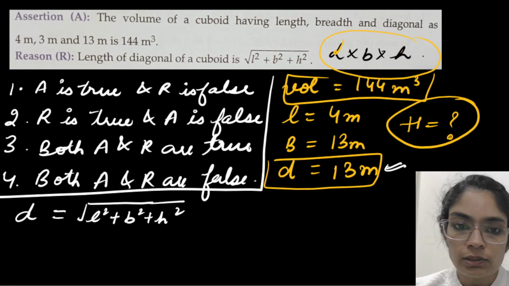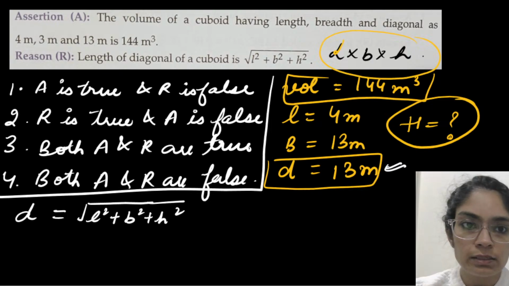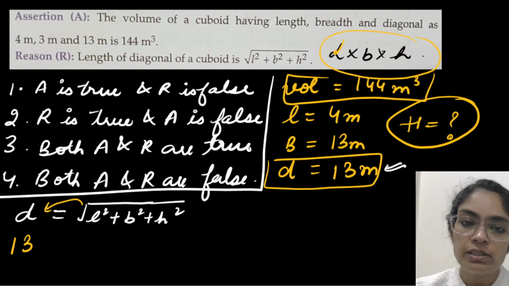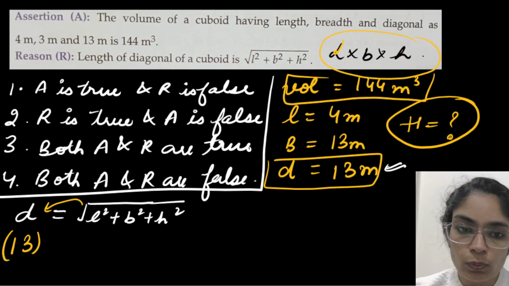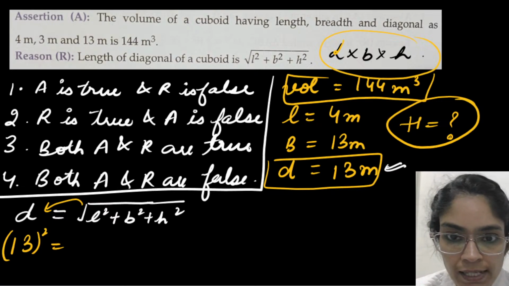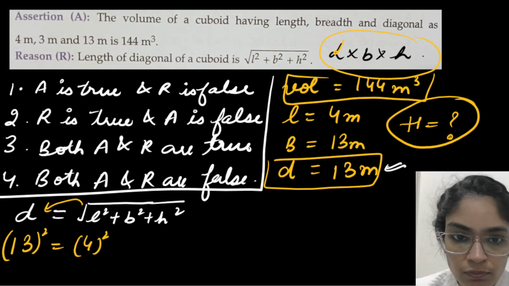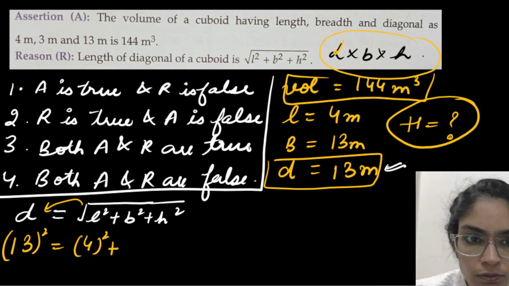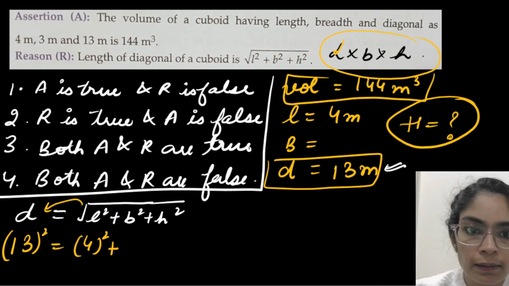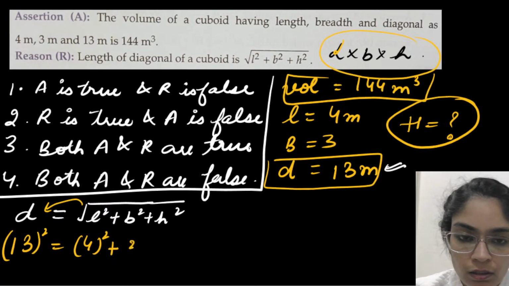So diagonal is equal to square root of L square plus B square plus H square. Diagonal's value is given to us as 13. I'll shift square root to the other side, and it will become square. Now L's value is given to us as 4, so 4 square. B is 3, so 3 square.